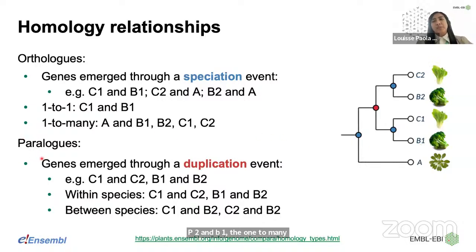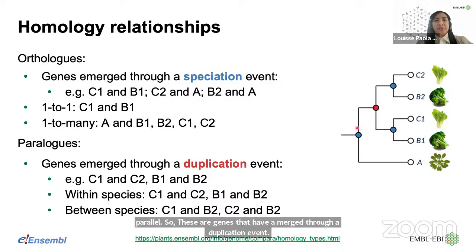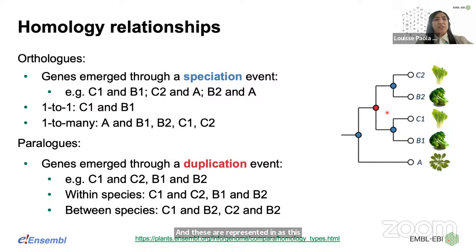The second type of homologous relationship is paralogs. These are genes that have emerged through a duplication event, and they are represented as the red node in the phylogeny. For example, C1 and C2, and also B1 and B2, are paralogs of one another.